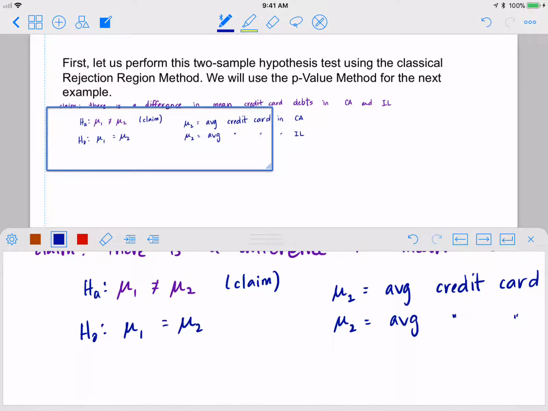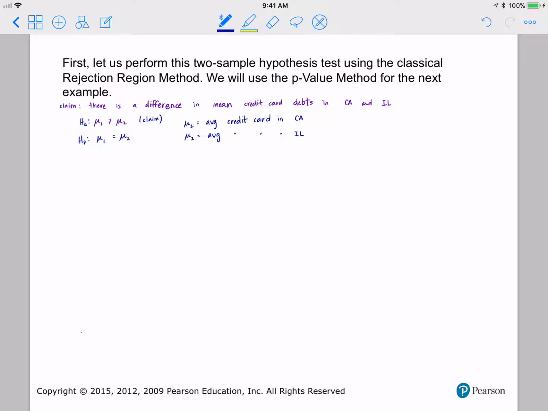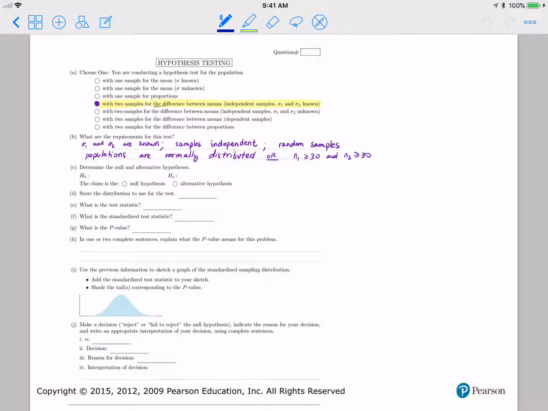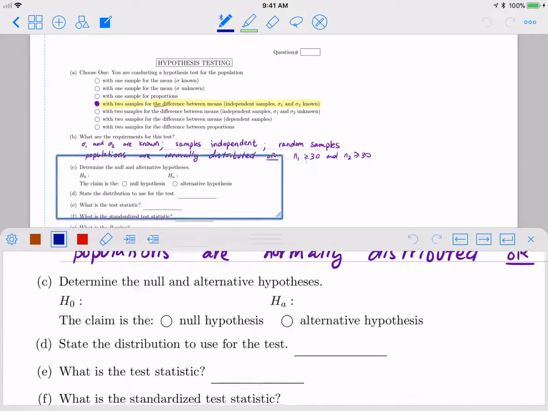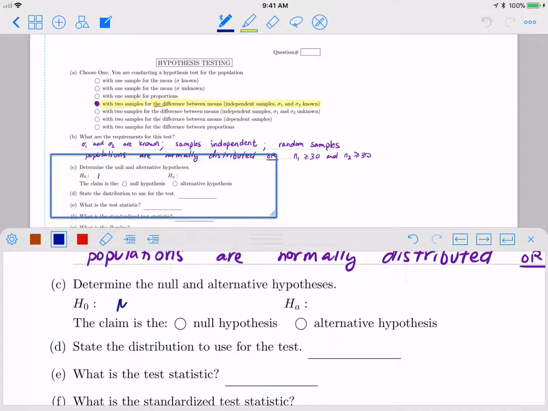So the null hypothesis is that mu1 is equal to mu2, the alternative hypothesis is mu1 is not equal to mu2, and the claim is the alternative hypothesis. The distribution to use for the test is a z-distribution because sigma 1 and sigma 2 are known.